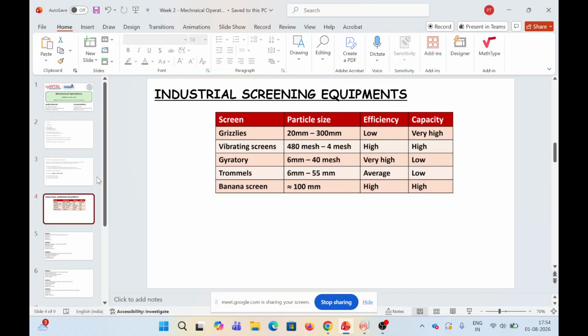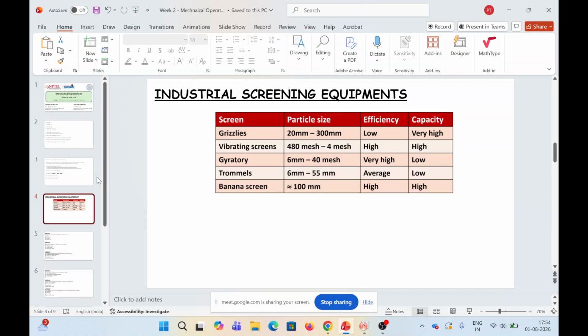Since our live interaction session is only for 2 hours, we won't be able to go through all of them in detail. So kindly have a look at them in the course content, where every different type of screen is analyzed in detail.